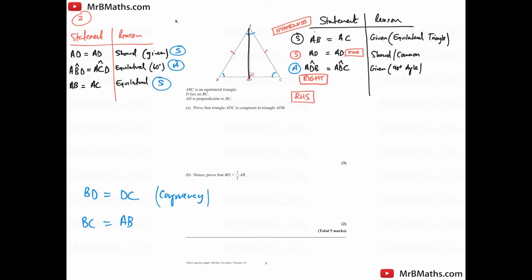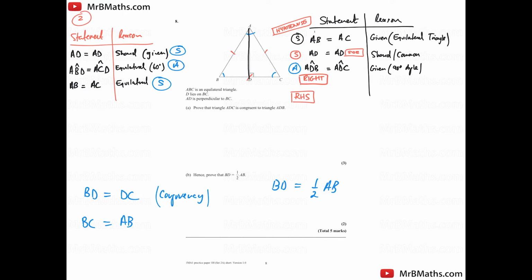So if the entire bottom would be equal to the entire length of AB, that must mean that the length of BD is half of AB.